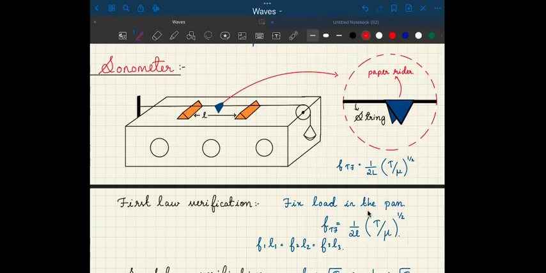And you can see there is a metal stick-like arrangement here, solidly fixed to the box. There is a pulley here. From here to here, you have a string that passes over it, and this is connected to a weighing pad, a pan. Some objects are dropped onto this, and that creates some tension.